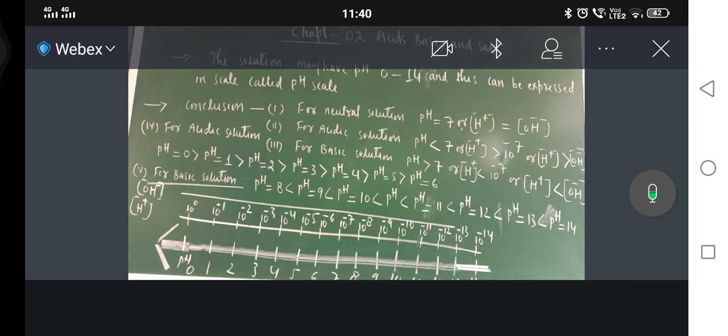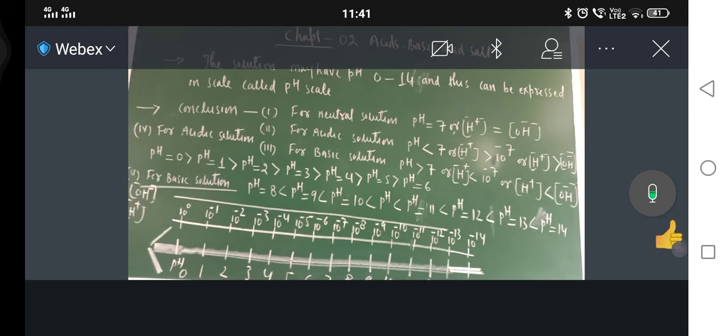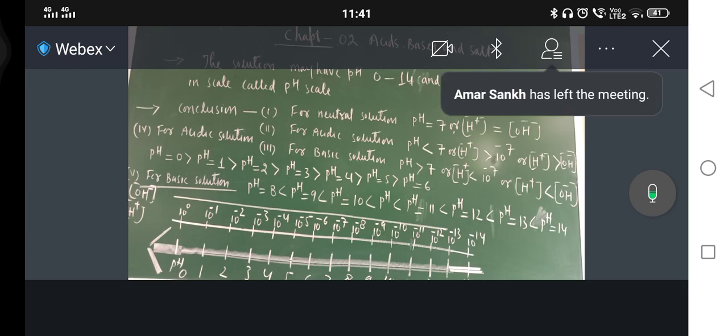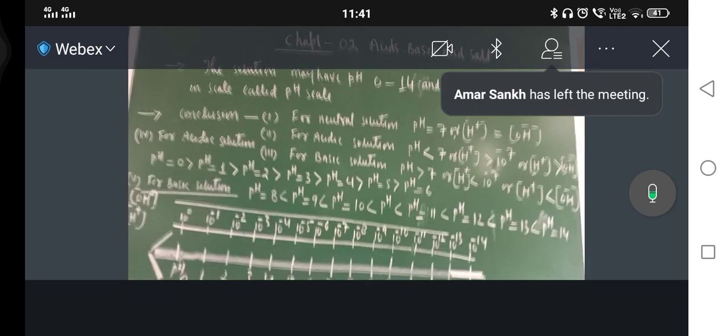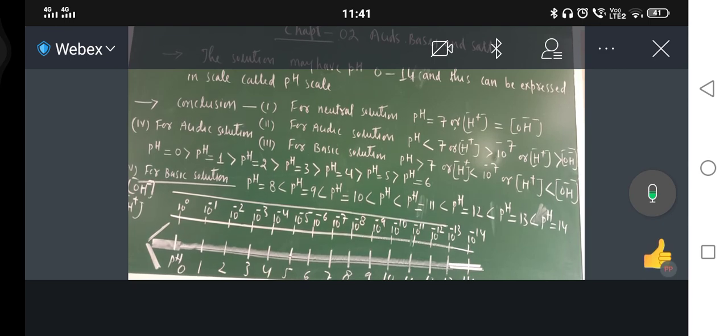Okay, so please keep on indicating me whether I am audible or not. Audible and visible. Okay, so just see here. Now I have applied color. Please allow me to rub the portion which is written on the upper side. Okay, just see once again, just see how the pH is related with the molar concentration.